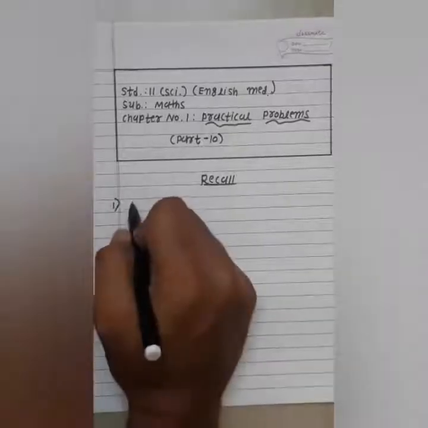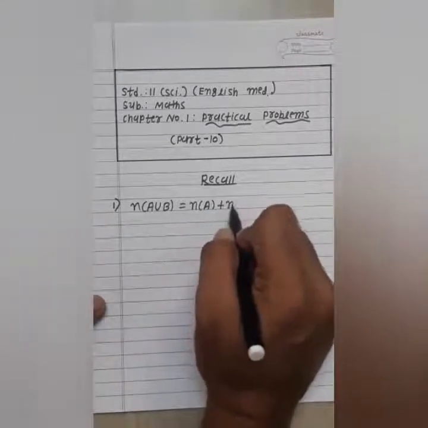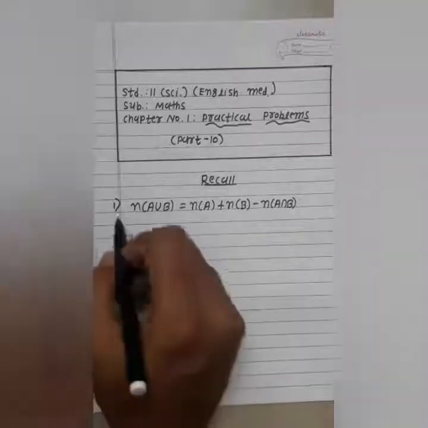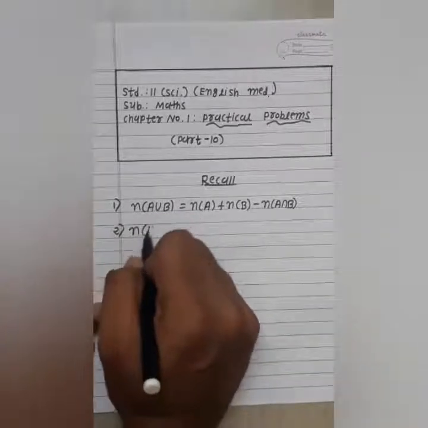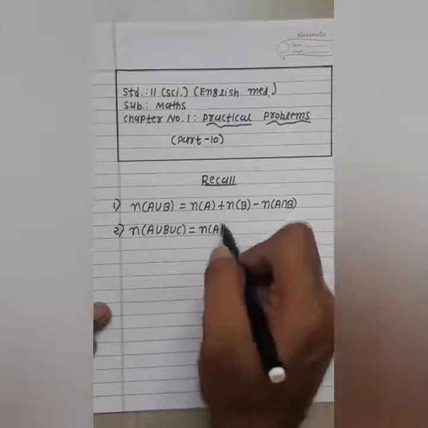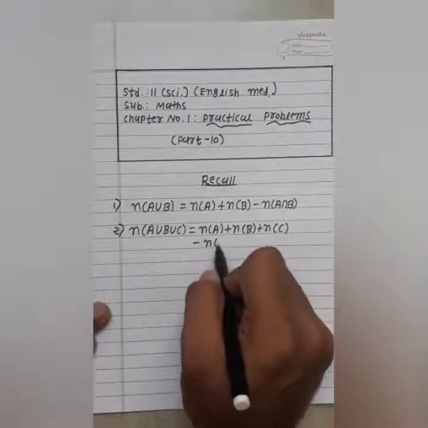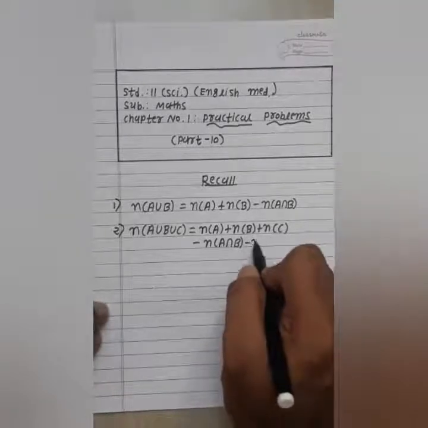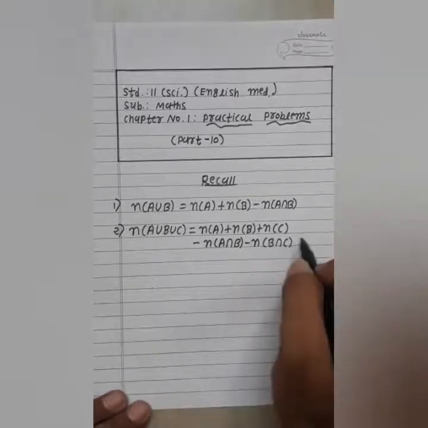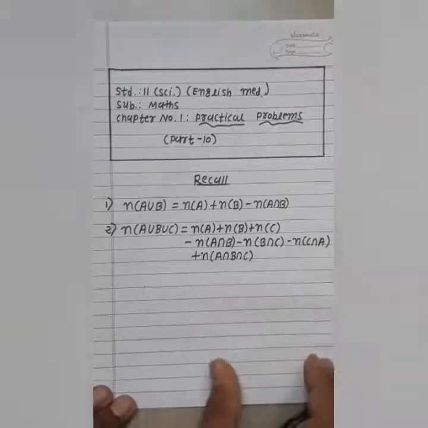First formula: n of A union B is equal to n of A plus n of B minus n of A intersection B. Second formula: n of A union B union C is equal to n of A plus n of B plus n of C minus n of A intersection B minus n of B intersection C minus n of C intersection A plus n of A intersection B intersection C.